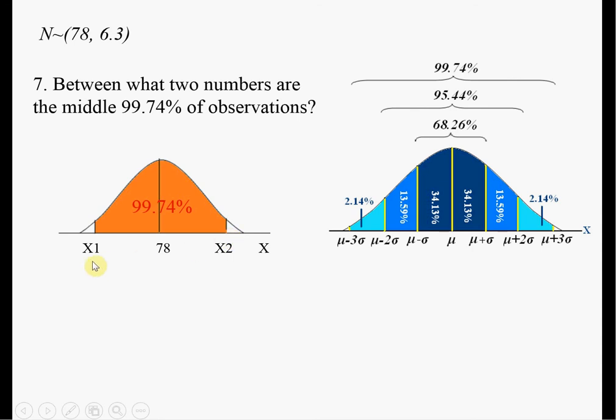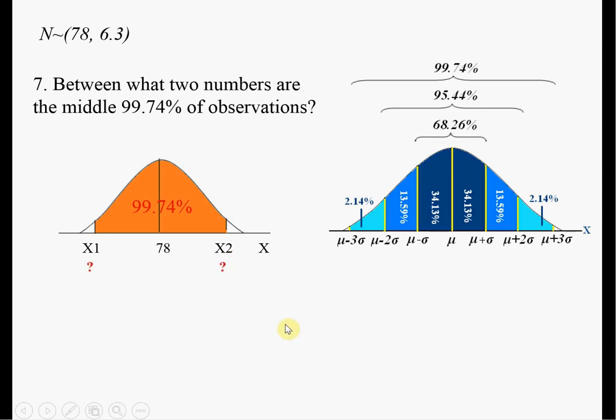In other words, x1 must be 3 standard deviations below the mean, and x2 must be 3 standard deviations above the mean. The question asks us what are the actual values of x1 and x2.